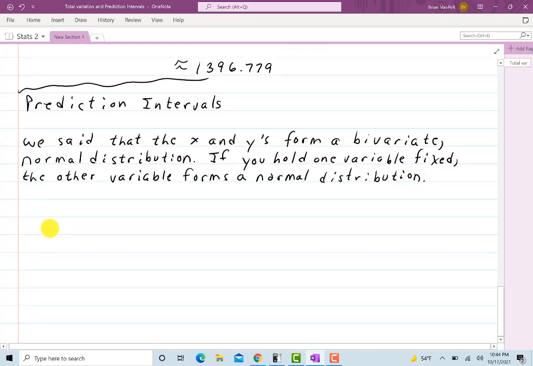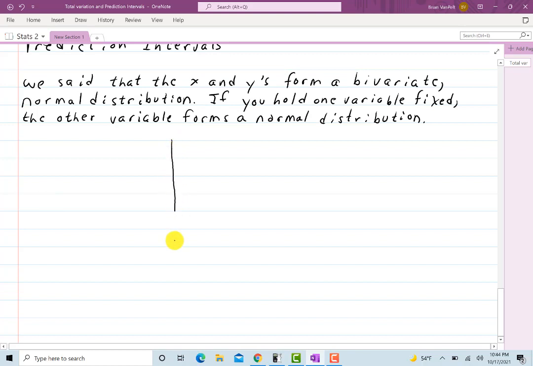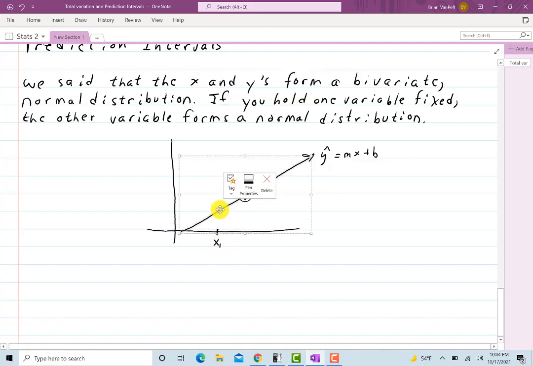One way to take a look at how this might look is, let's suppose we have our linear regression line. That's always what we're kind of measuring things from. Remember, that is mx plus b. And suppose I pick one of the xi's, let's call it just x1 for now. At this point on the graph the x is x1, but the y is y1 hat.